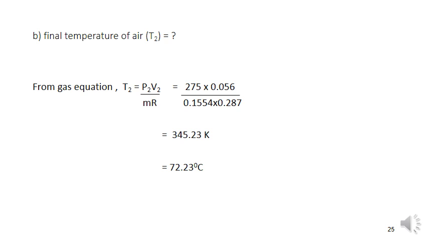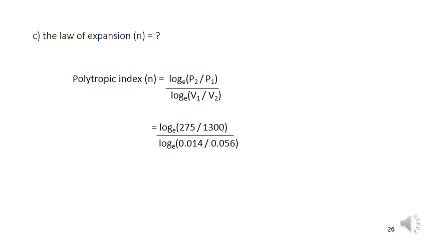So this is the final temperature. The law of expansion is nothing but PV^n is equal to constant, where n is equal to log P2 by P1 over log V1 by V2. In the problem they gave all the values, P1 and P2, V1 and V2, so simply substitute using the calculator.